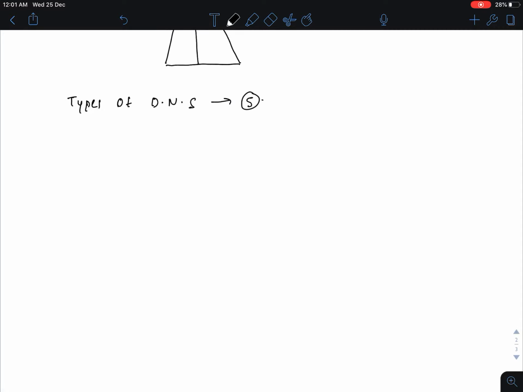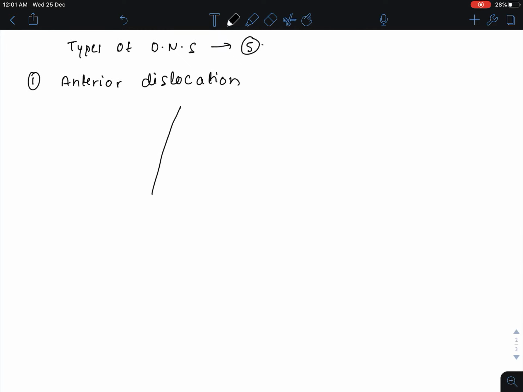There are 5 types. So one is the anterior dislocation. You can see the nasal septum is deviated anteriorly.